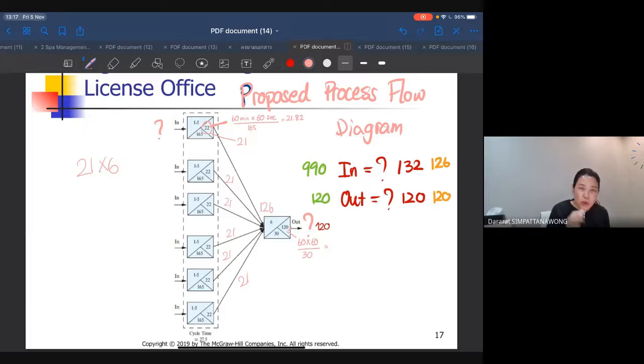The lowest number that can proceed to input will be 21 times 6, equal to 126. This is input. And output would be 120 applications per 1 hour.